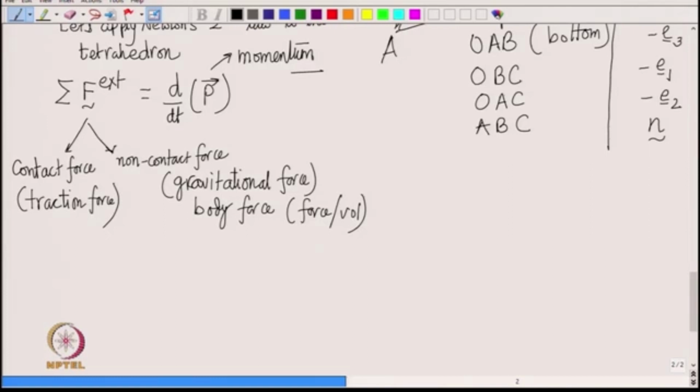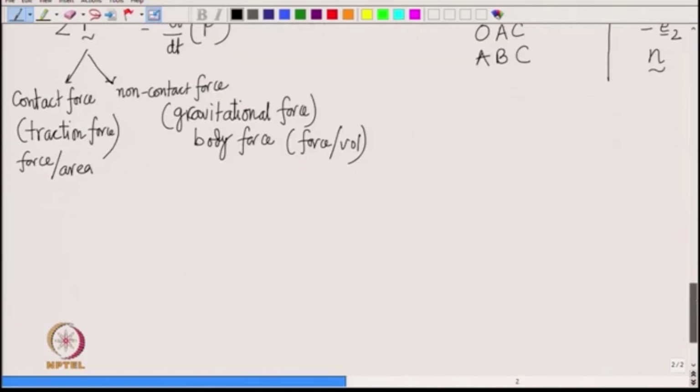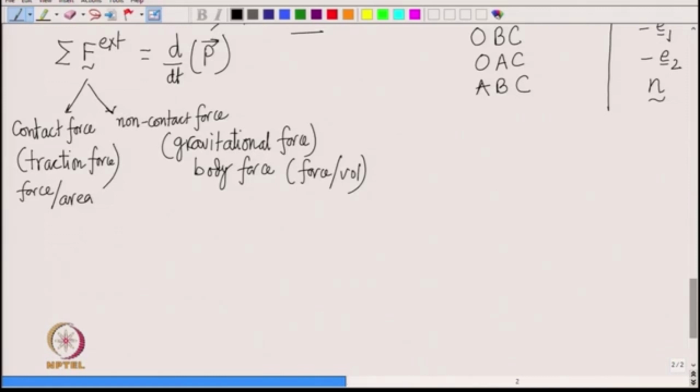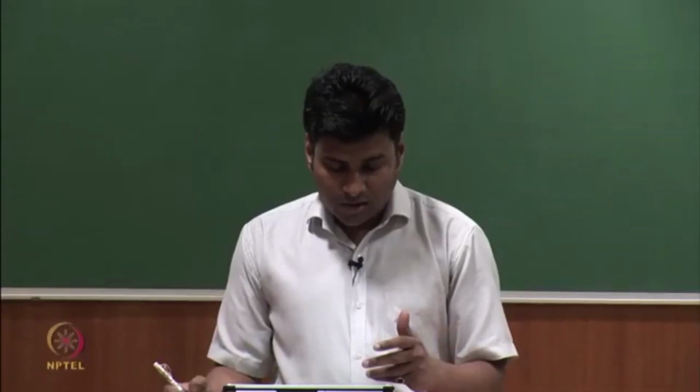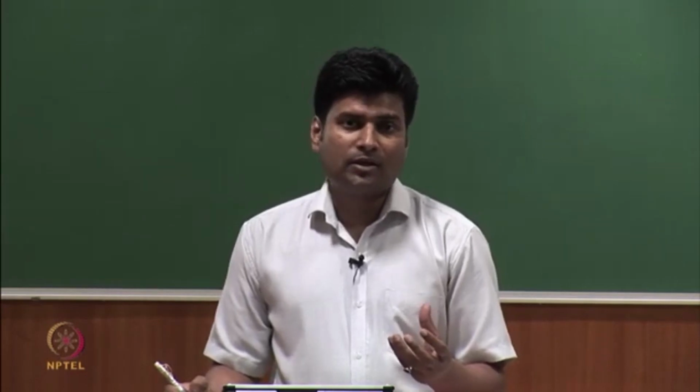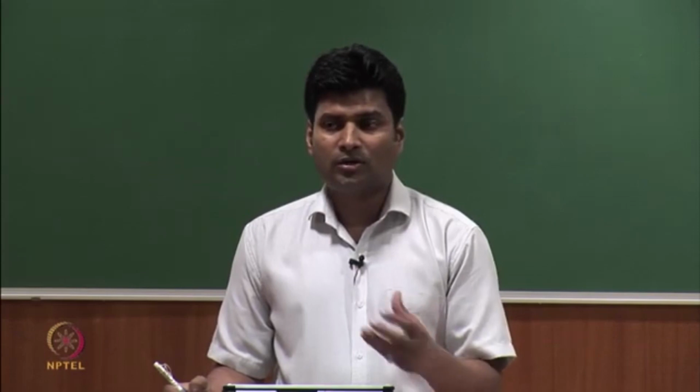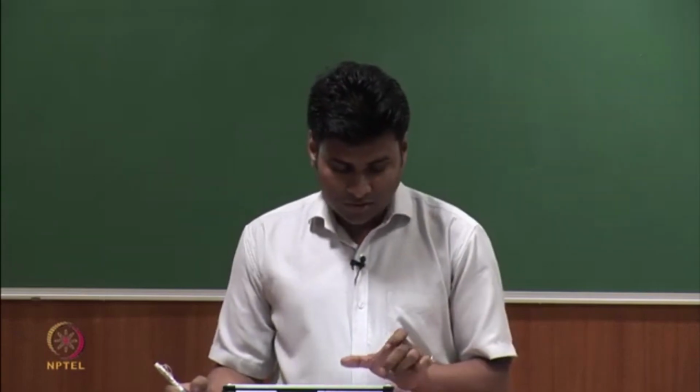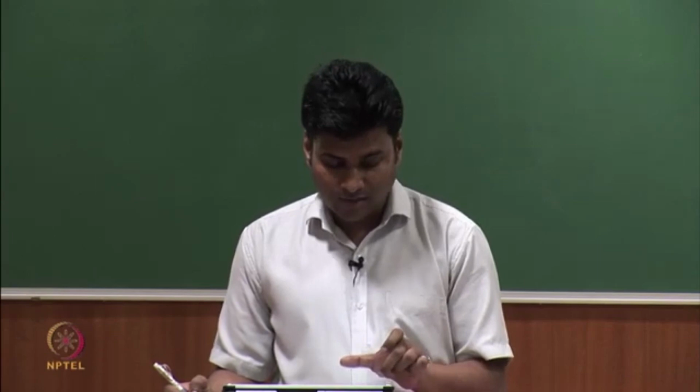So, the unit of the contact force is force per unit area, just like the traction force, right. And if you want to get the total force due to the contact force, you have to integrate over the area on which it is acting. If you want to get the total body force, then you multiply the body force that is acting with the volume of the body. Okay. So, there are two kinds of external forces that act on the tetrahedron.